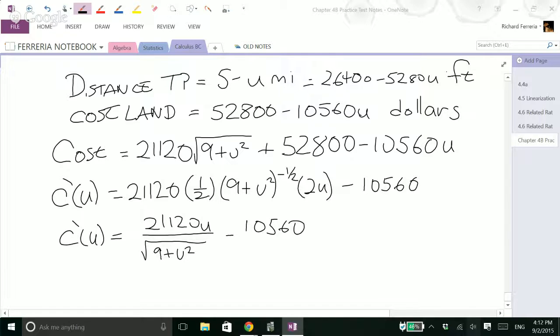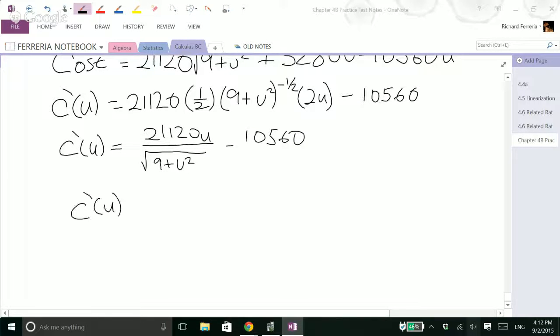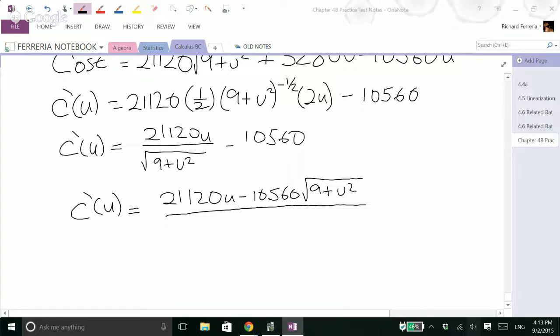Oh, it's on a common denominator now. 21,120 u minus 10,560 root 9 plus u squared, the entire thing over root 9 plus u squared.